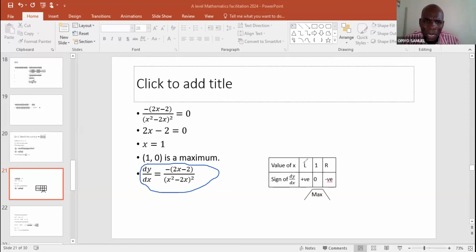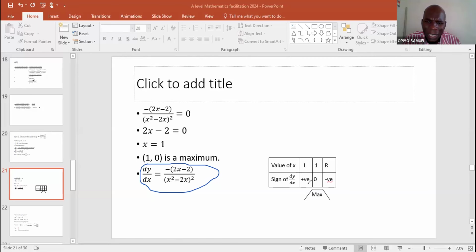Then on the left, you put any number left of 1, any number of your choice, so long as it is left of 1. Say you have put 0. If we have put 0 here, we are going to have negative outside times negative 2, so the upper one will be positive. The lower one is always positive because of the square here. So it makes the whole of this positive.